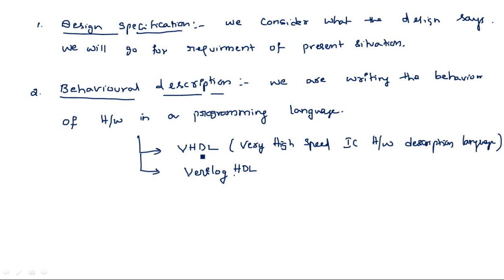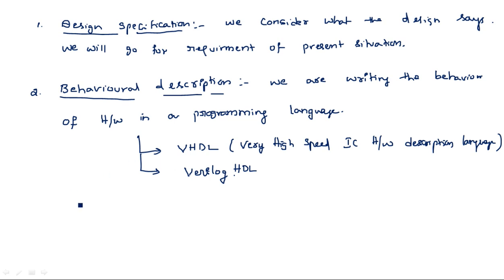VHDL stands for very high speed integrated circuit hardware description language. This V itself specifies very high speed integrated circuit, and HDL we know is hardware description language. So in these two different languages we are going to write our behavior of the hardware.